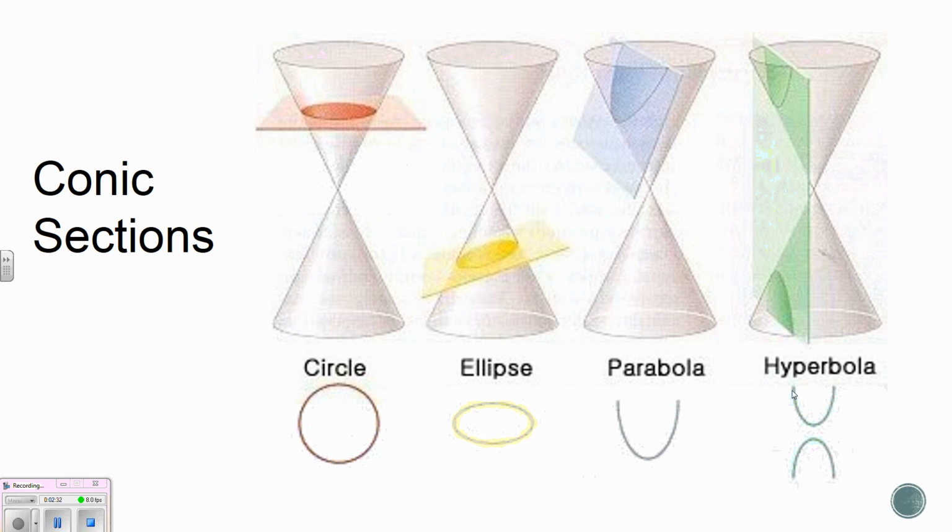The hyperbola looks like two parabolas opposite each other, going in opposite directions. They're not actually parabolas. They have their own special, unique qualities and characteristics, and that's something that you'll explore in pre-calculus when you get there.